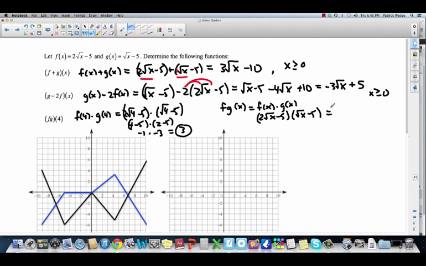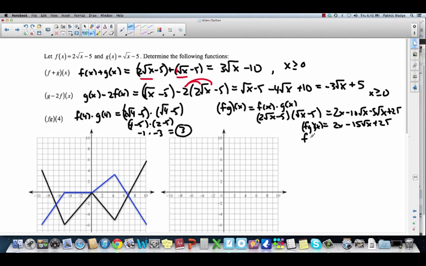Root x and root x is x, so you have 2x. 2 root x times negative 5 is negative 10 root x. Negative 5 times root x is negative 5 root x. And negative 5 times negative 5 is plus 25. Okay, that equals, we can combine, 2x, take away 15 root x, plus 25. That's what fg of x equals.